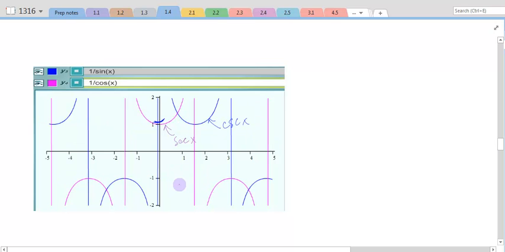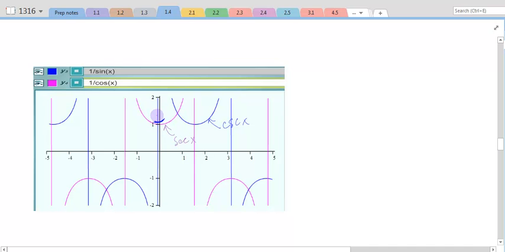The part you want to look at is each of these parabolas. Ignore again the vertical bars, they're showing up because of asymptotes. The function in blue is going to be cosecant, and the function in pink or purple is going to be secant.